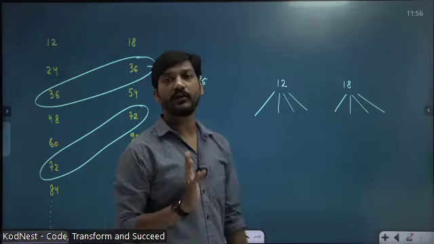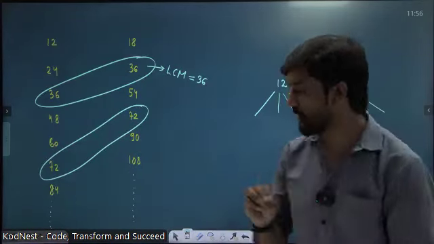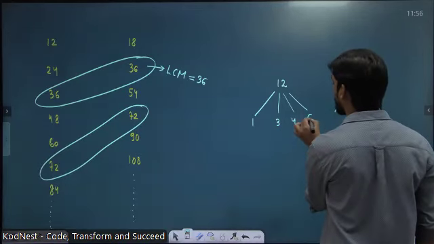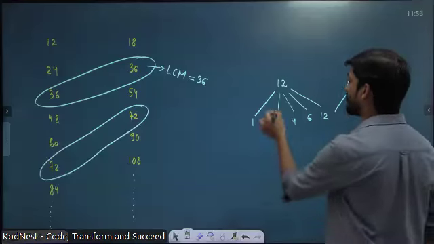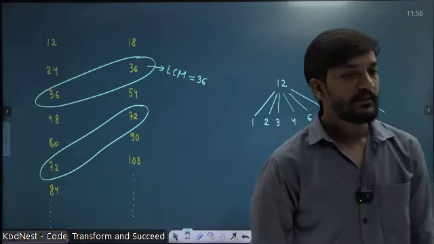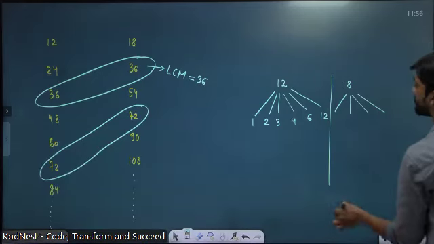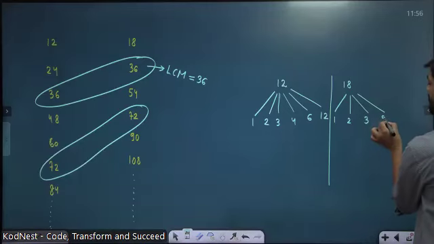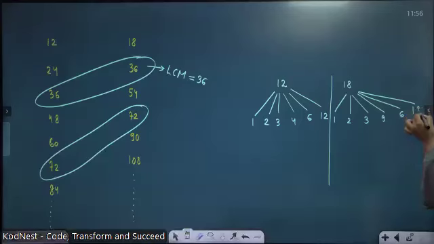Please answer one by one. 1, 3, 4, 6 and 12. Anything else? Okay, 2. For 18 also: 1, 2, 3, 9, 6 and 18. Anything else?